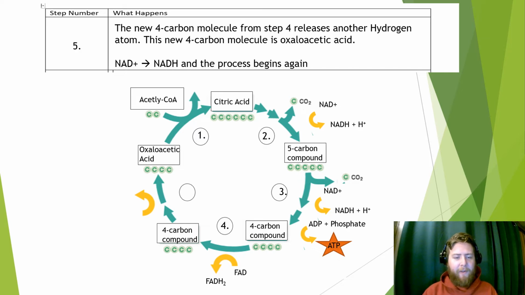Then in step 5, we take that 4-carbon molecule and release another hydrogen atom to make oxaloacetic acid. This takes NAD+ and makes another NADH. Now it's important to note that each time we go through this, we're breaking down half of a molecule of glucose. So if we go around twice, we'll break down a whole molecule of glucose.